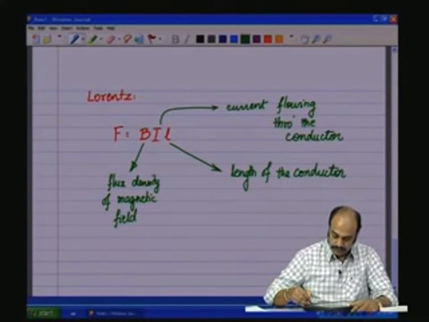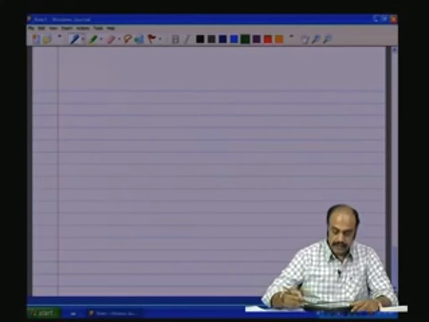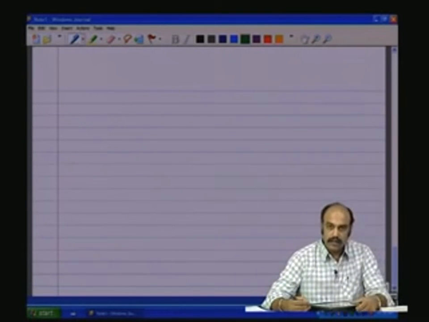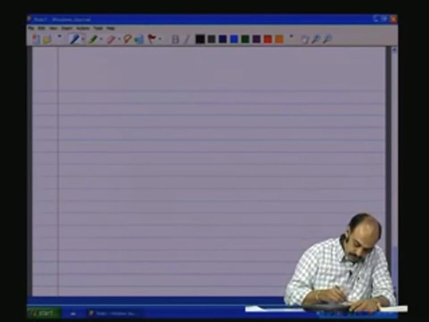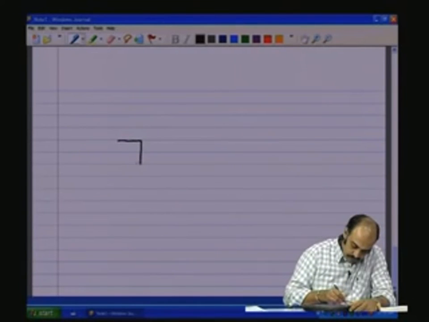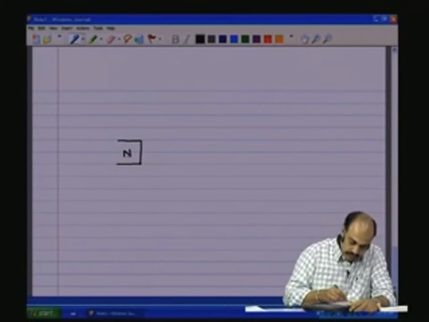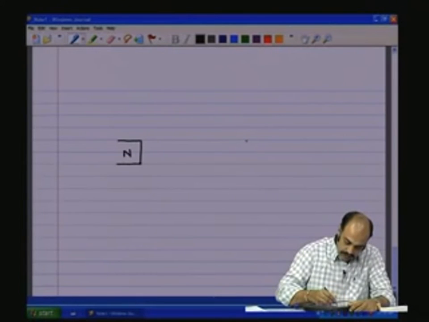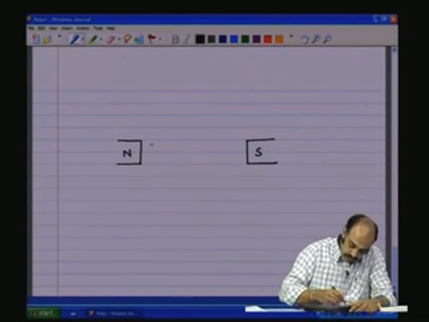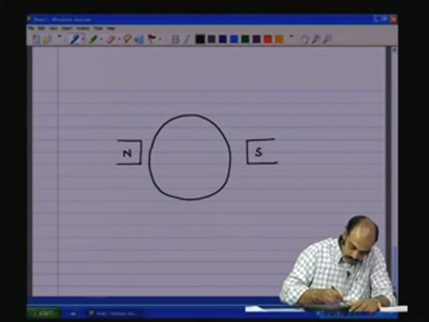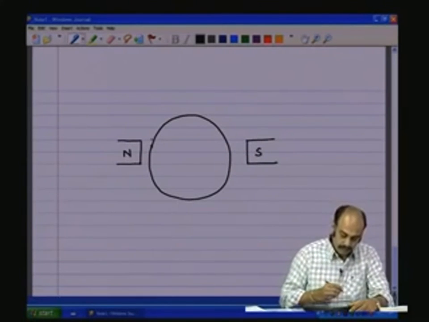of the force. So, now let us apply this Lorentz force principle to the DC machine. So, we have the DC machine with a north pole and a south pole as shown here. Now, let us have the armature or the rotor, as one may call, in circular fashion like this.